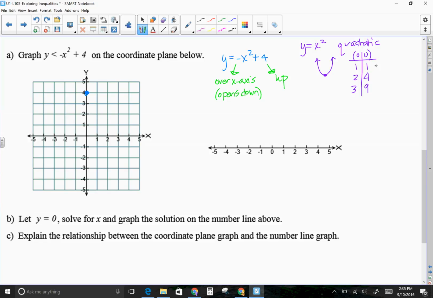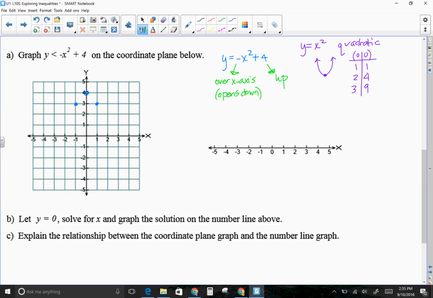And then what this represents right here is a rate of change. This is like the x and this is like the y, which means horizontal and vertical. From this point, if I go over 1, I'm going to go down because I know it opens down, and I'm going to do that in both directions.